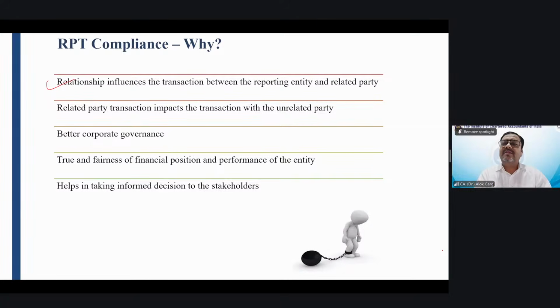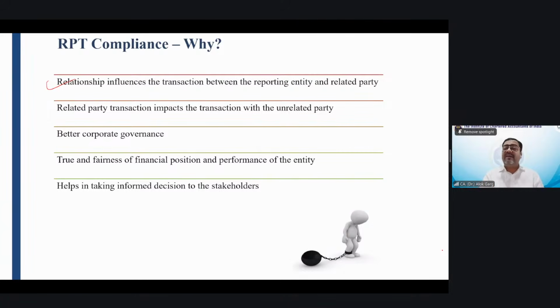This subsidiary company wants to take a loan from the bank. And the bank requirement is that the subsidiary should have a minimum turnover of 500 crore for granting this loan. So the parent, who has full control of the subsidiary, told the subsidiary, just do one thing, sell 400 crore worth of goods to me because we have to get the loan from the bank.